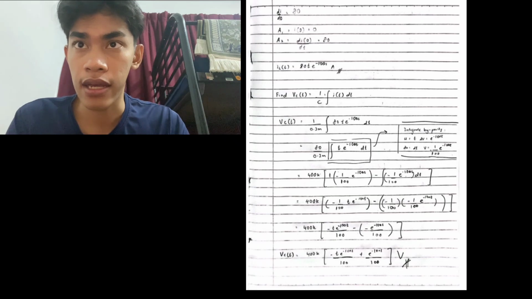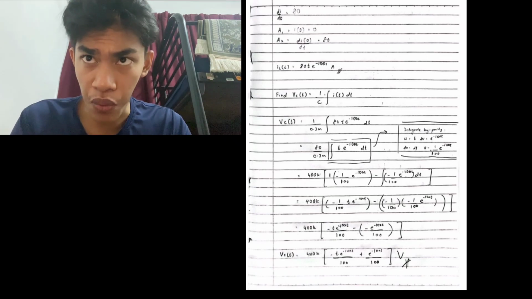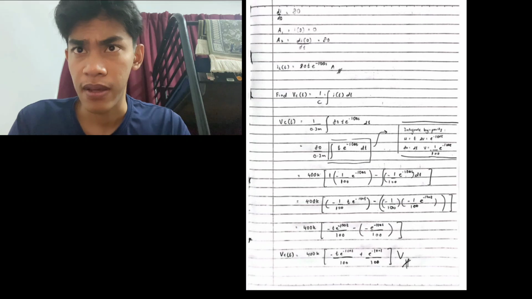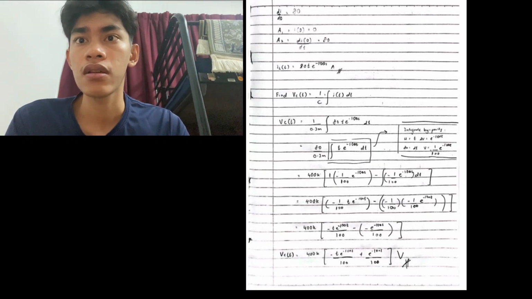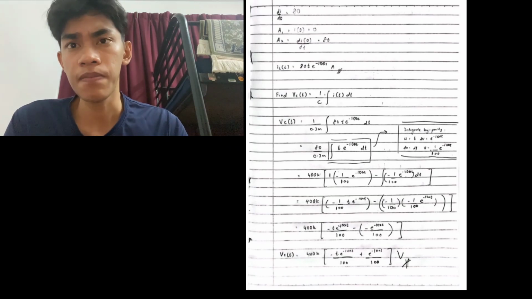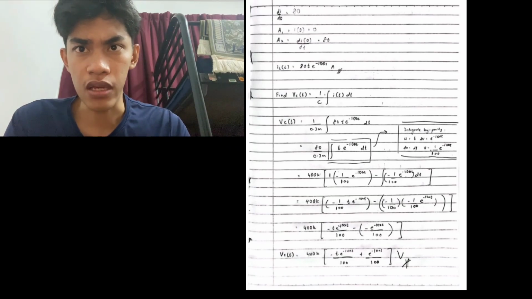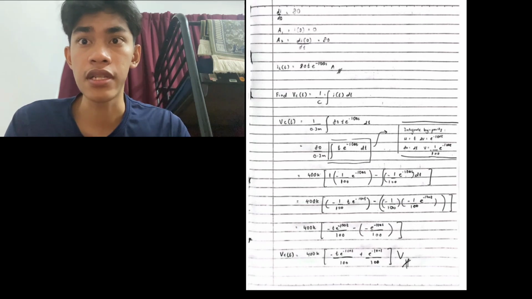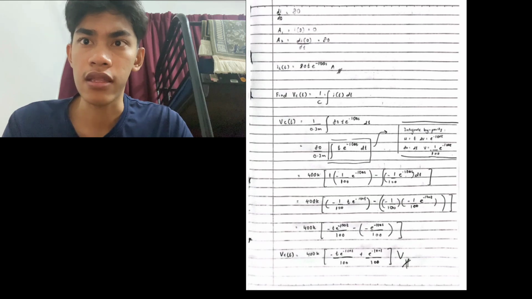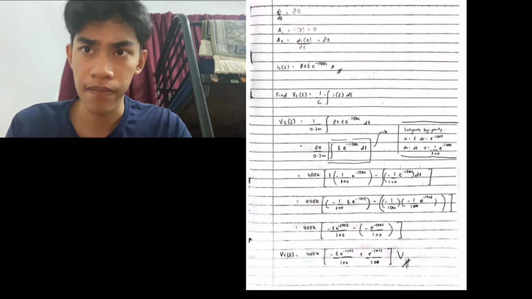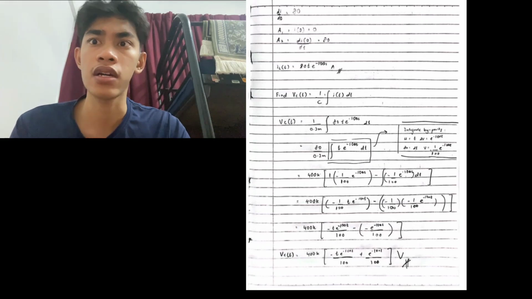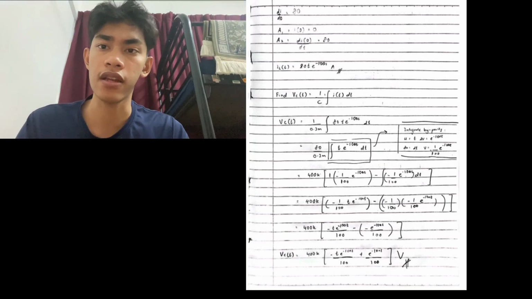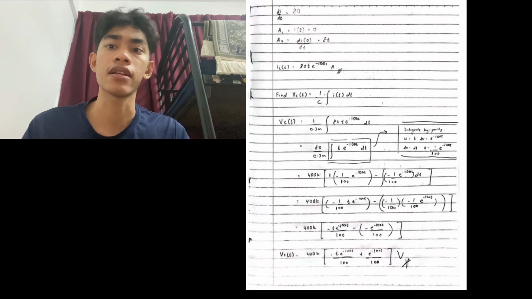As you can see, I have marked the rectangle one. We need to integrate by parts. After we integrate by parts, we finally find VC(t) equals 400k times negative t times exponent power of negative 100t over 100 plus exponent power of negative 100t over 100 volt. So that is the final answer for the VC(t) for critically damped.